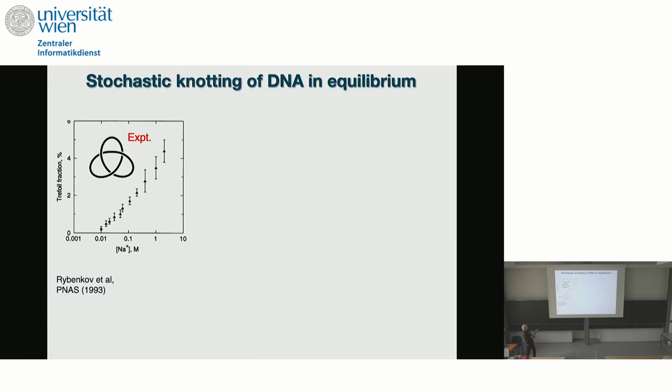So for example, in this plot here, taken from the paper, you have an increasing concentration of, let's say, positive counter ions. And here you see that they measured the amount of molecules that in equilibrium after circularization are in the trefoil knot state, the simplest type of knot, and for these DNA lengths, the most abundant. And you see that it increases steadily.